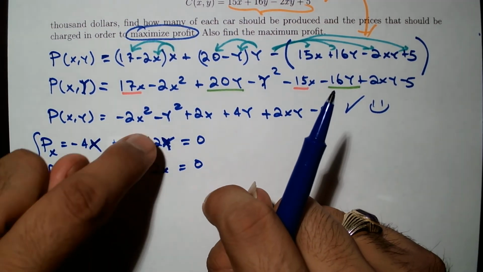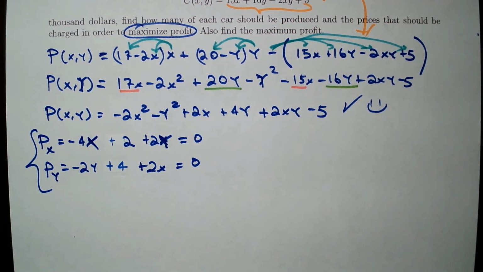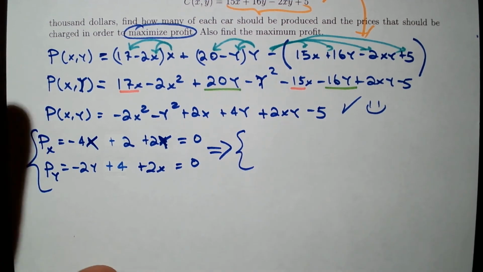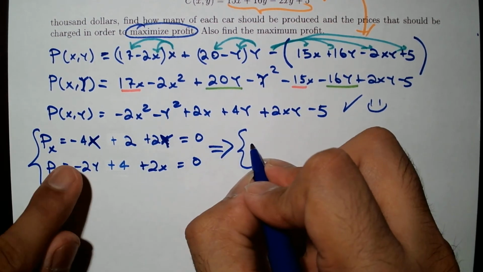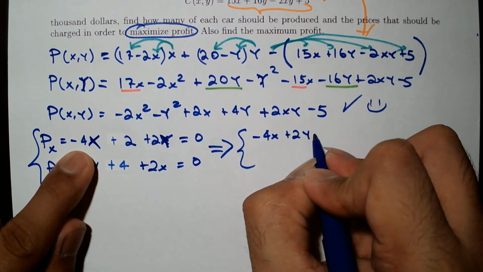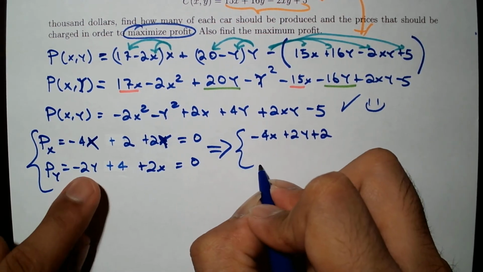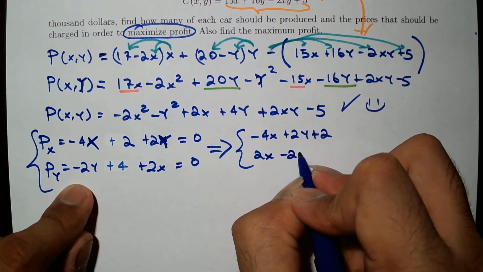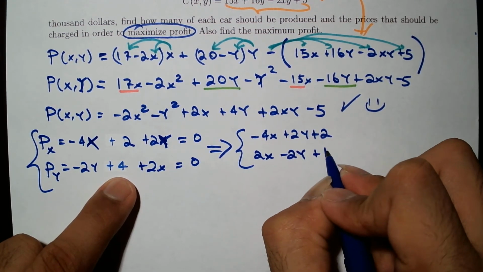Alright, the next thing I would like to do is rewrite the system in alphabetic order, because we prefer to write equations in alphabetic order. So negative 4x plus 2y plus 2 equals 0, and 2x minus 2y plus 4 equals 0.